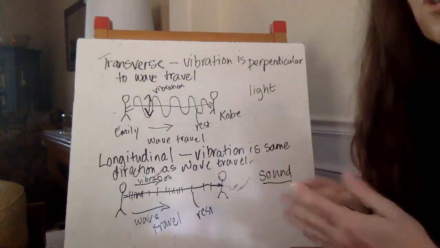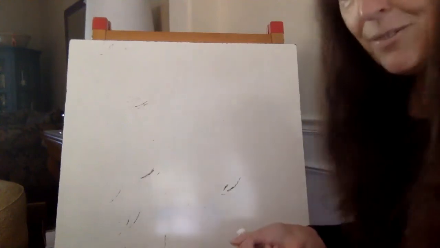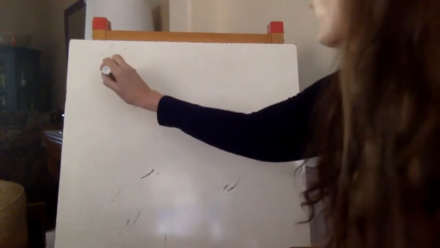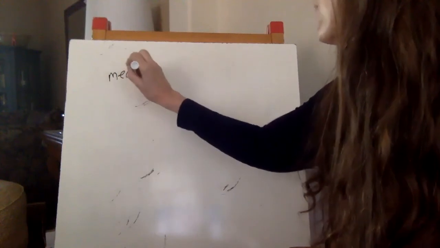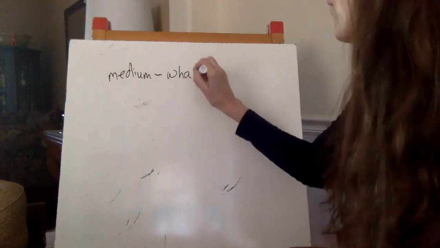The next question that people had kind of trouble with was medium. What's the medium? And I think that if you were Googling it, there are lots of definitions for medium, but when we're talking about waves, the medium is what carries the wave. What does it travel through?